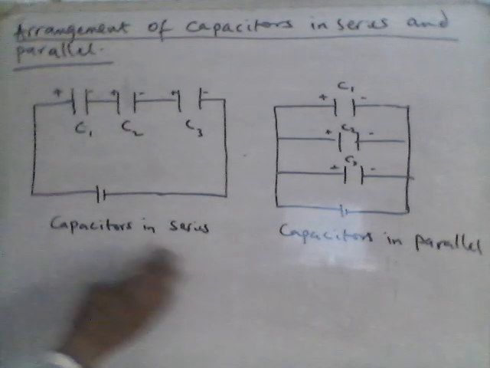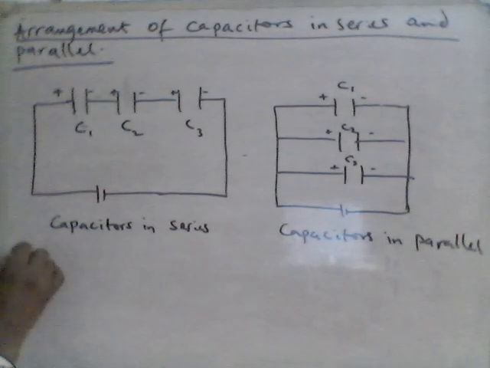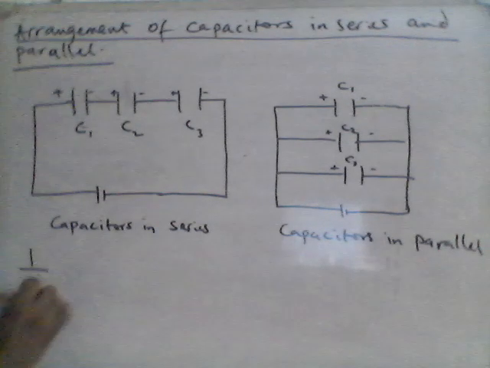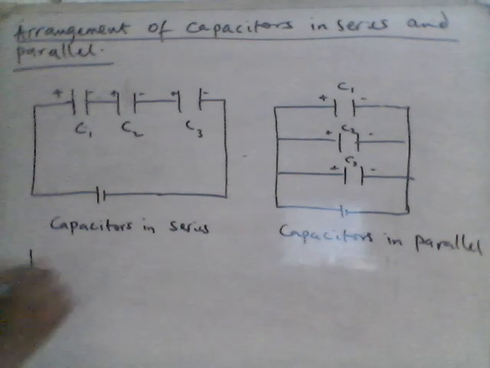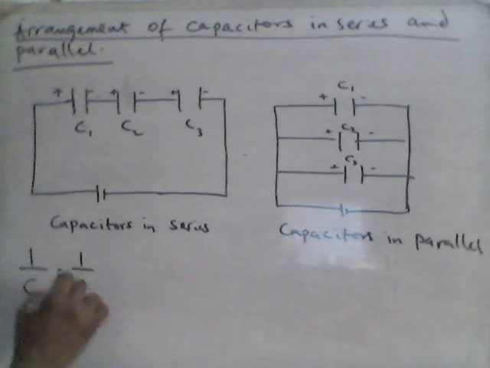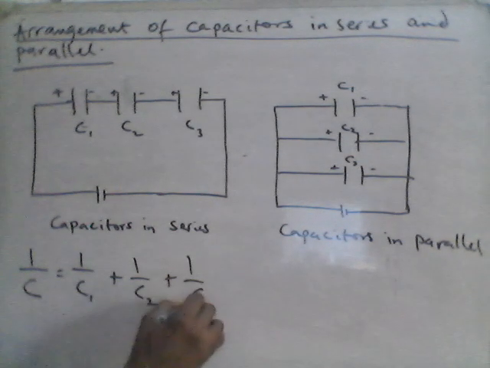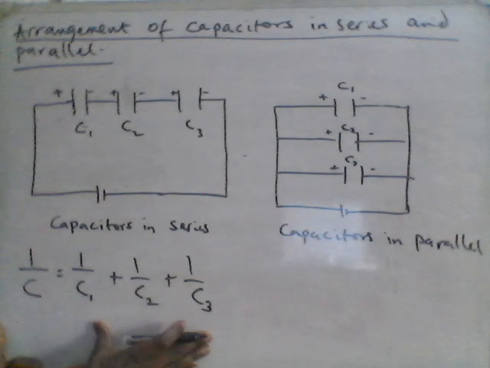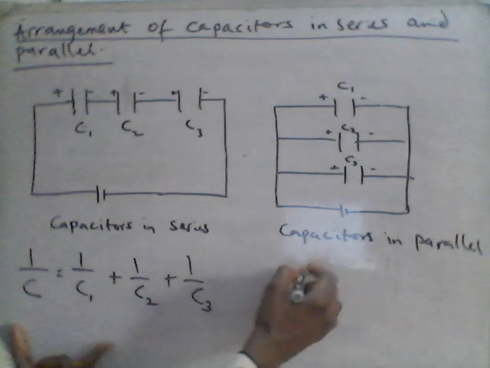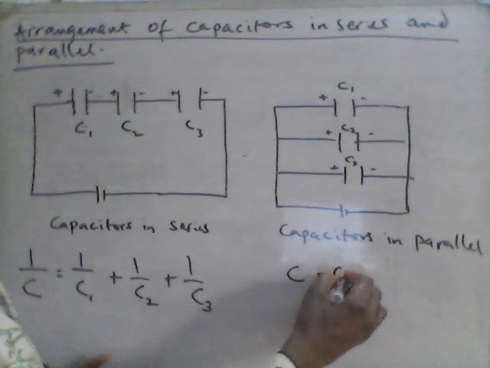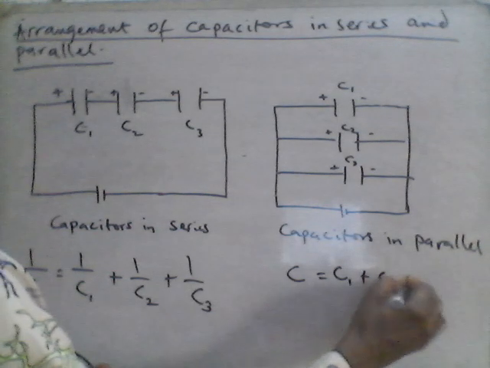For capacitors in series, the total capacitance, 1 over C, where C here is the total capacitance, is equal to 1 over C1 plus 1 over C2 plus 1 over C3. That is how you get capacitors in series. But in parallel, C is equal to C1 plus C2 plus C3.